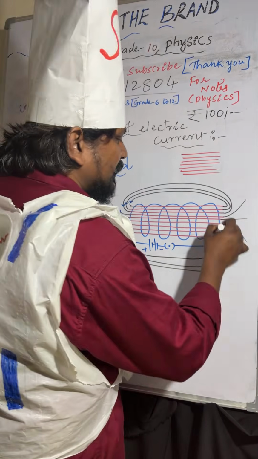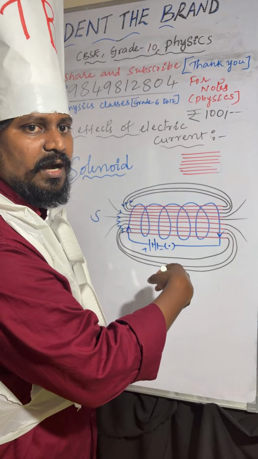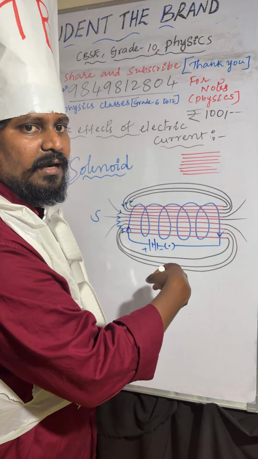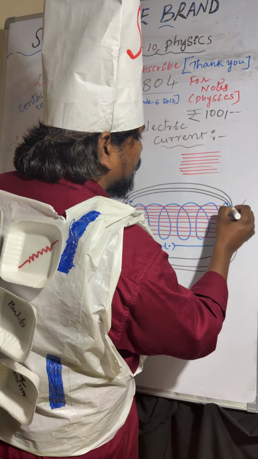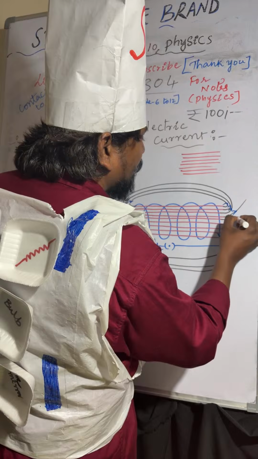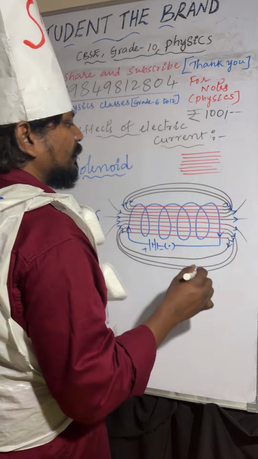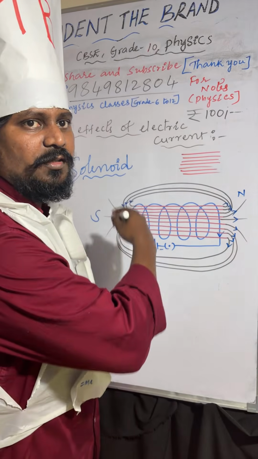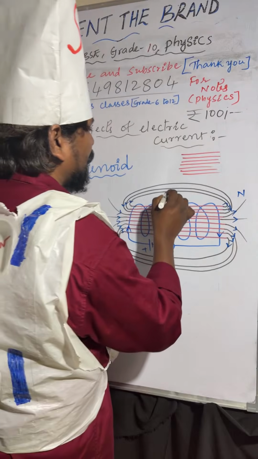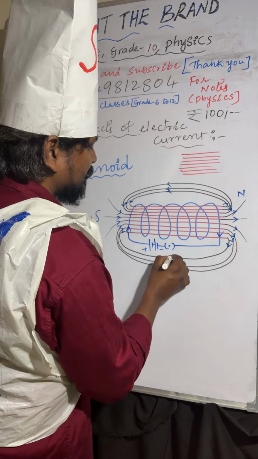And if the current is leaving from this end, automatically it is reaching like this. So this is north pole. So from north pole to south pole, the magnetic field direction you have to draw like this.